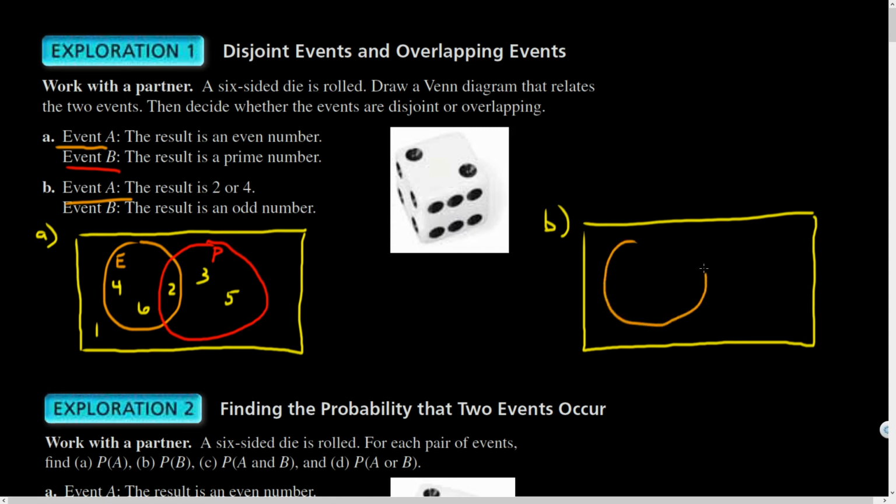Now, will there ever be any odd numbers that are either 2 or 4? No, it's impossible. And so odd numbers would have been the outcomes 1, 3, and 5. Were there any numbers that weren't in either category? Looks like 6. So 6 would just be floating around here.